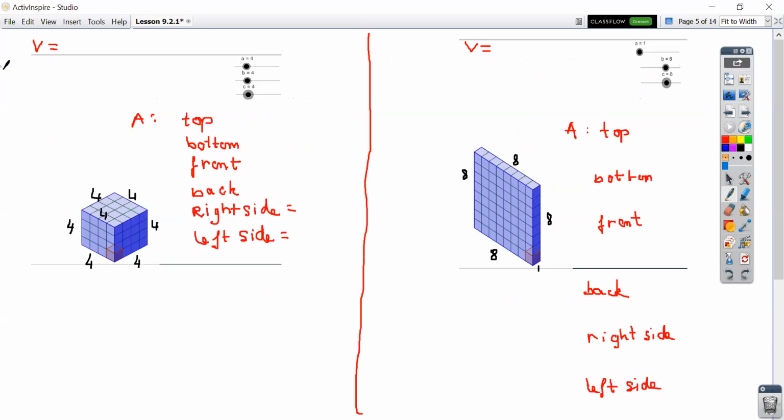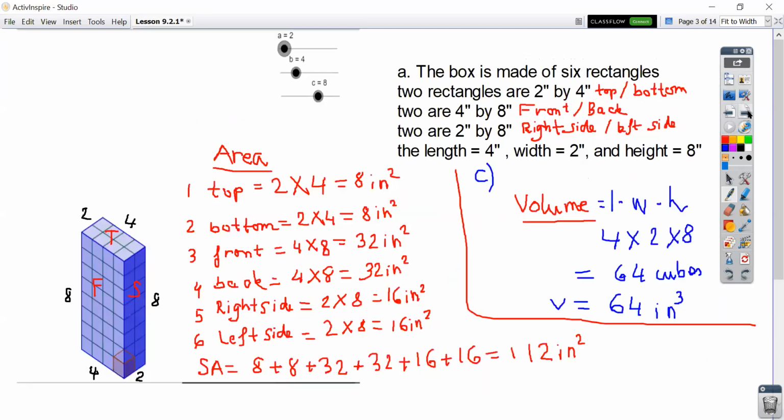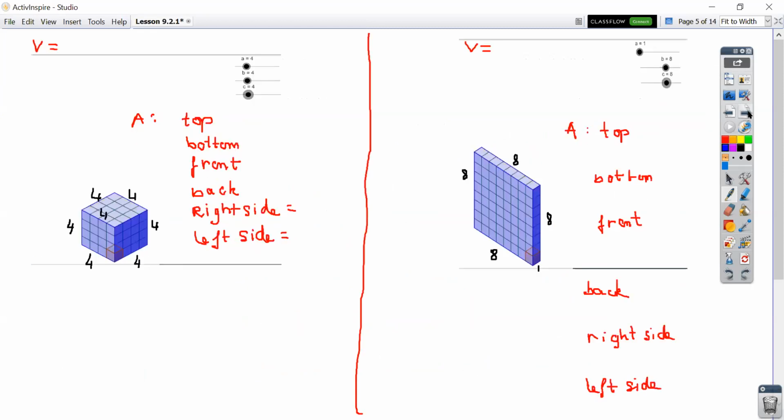On question B, again, you can use the website I provided to help you understand how the surface area changes with the volume.